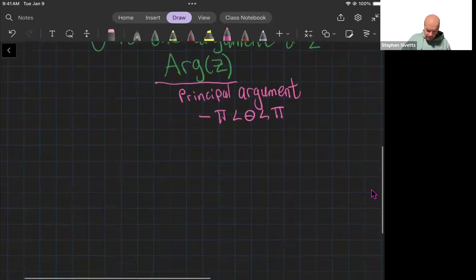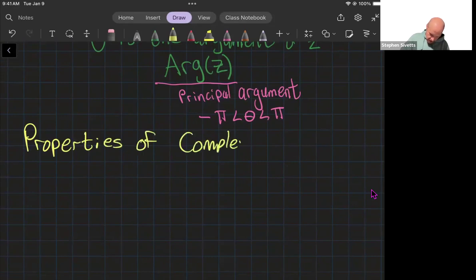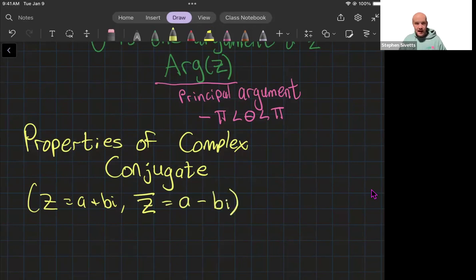But I want to go over, real quick, the properties of the complex conjugate. As you recall, if this is a complex number, the complex conjugate is denoted as z bar, and all you have to do is change the sign in the middle.